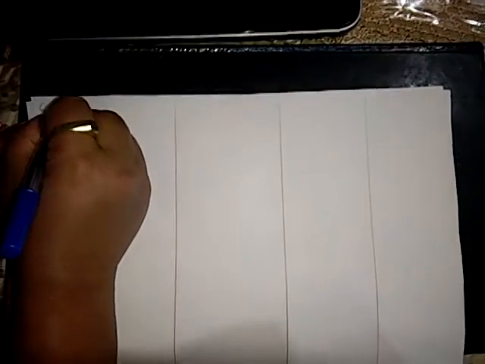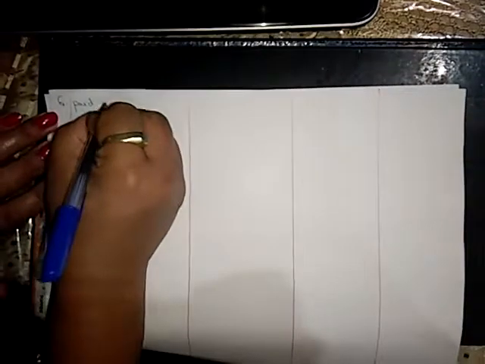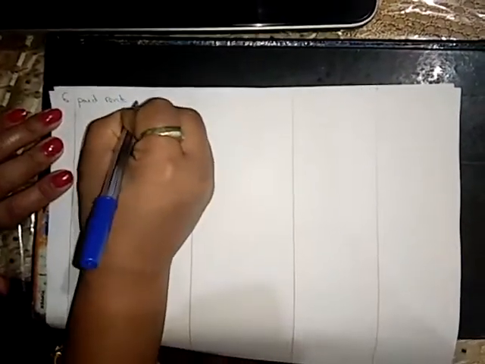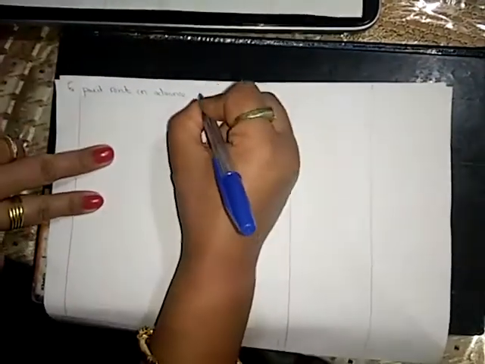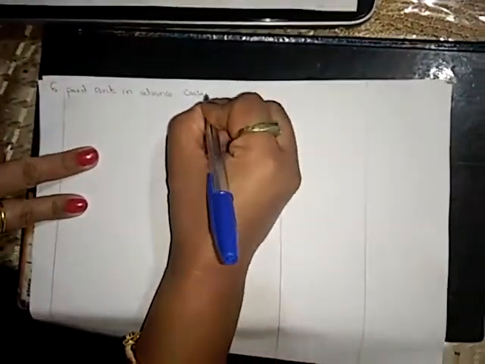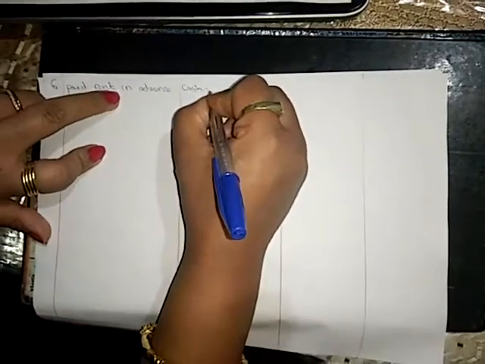Transaction number 6, it says paid rent in advance. I told you that you have to always take the items that is there in the above transaction. So first one is cash. You pay rent from the cash, no?